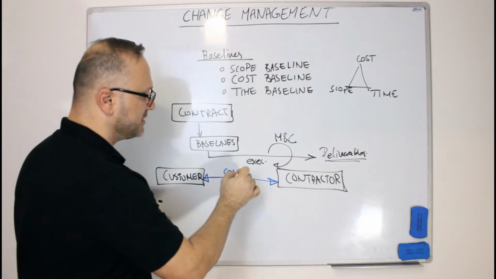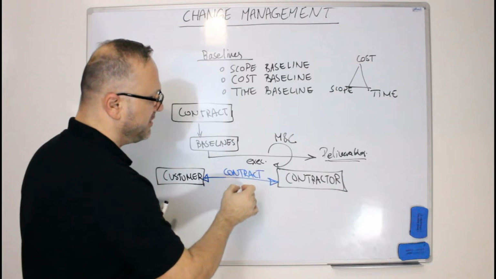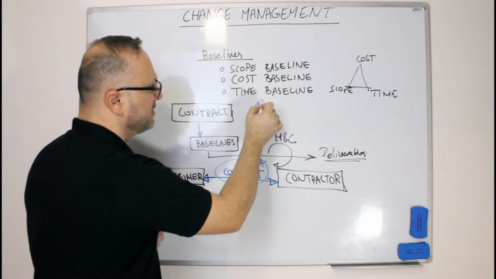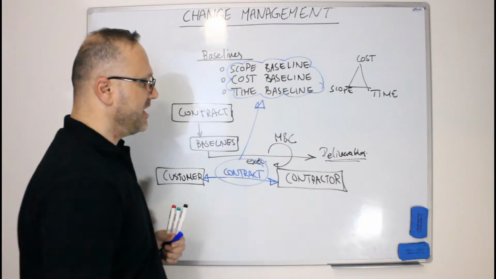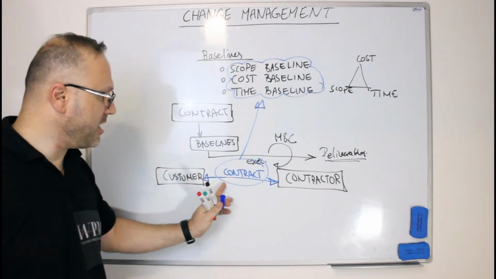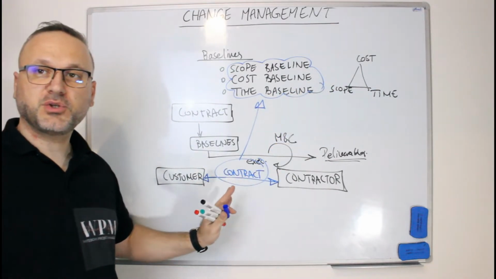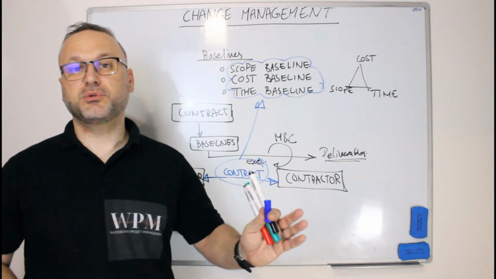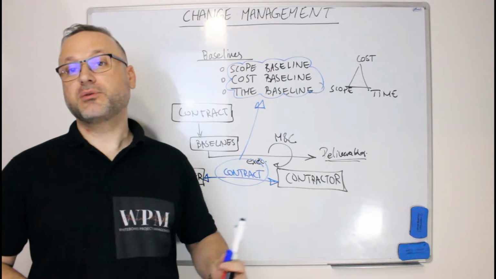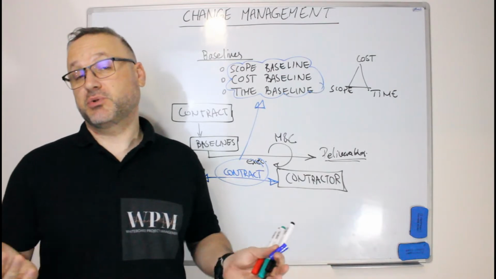The contract specifies the scope, cost, and time baseline. And now, because a change is required, due to market issues, or due to a request from the client, or due to any changes which are not logical.